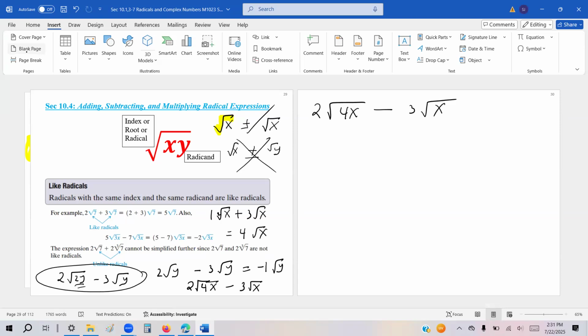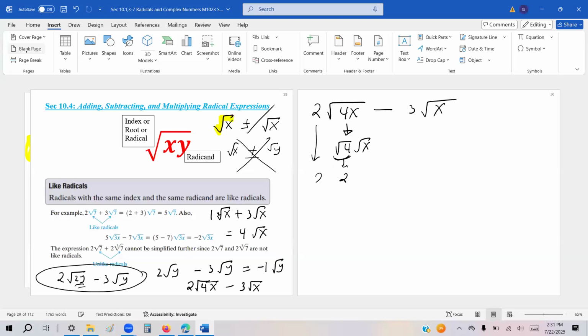At first glance, it's not doable because I said they have to be the same. But there is a trick here. What if we reduce this? Can you simplify square root of 4x? This is square root of 4 times square root of x. What is square root of 4? 2.